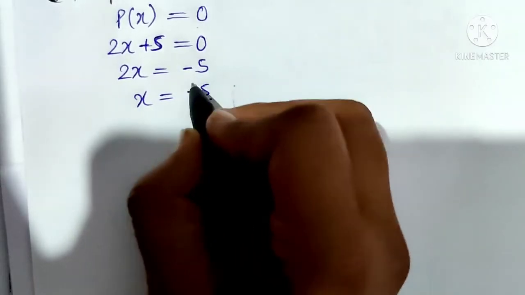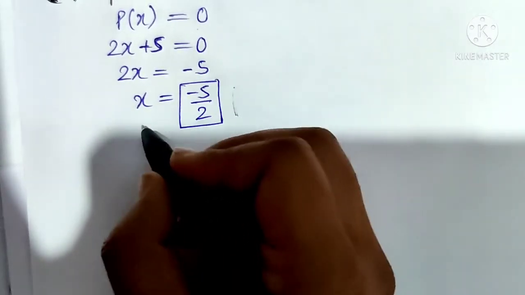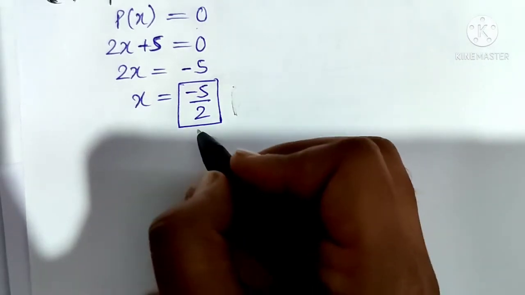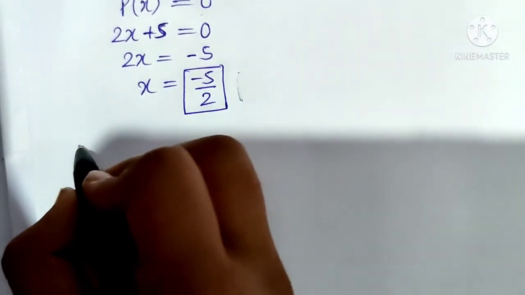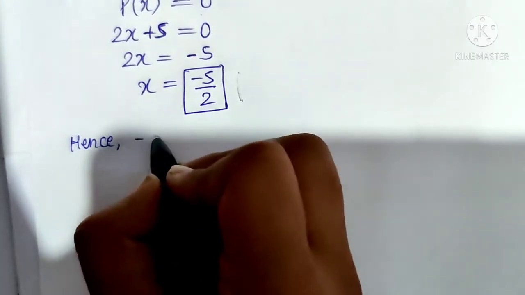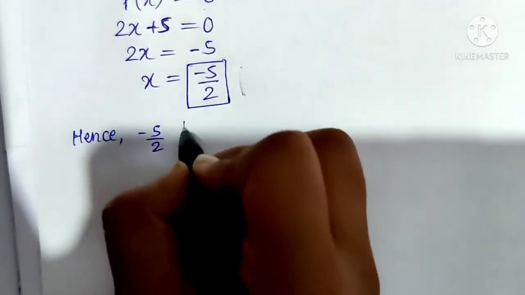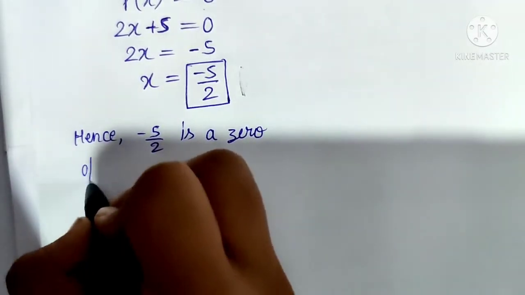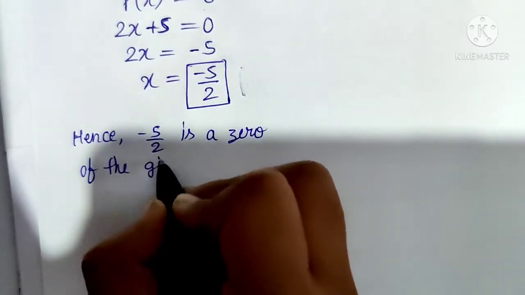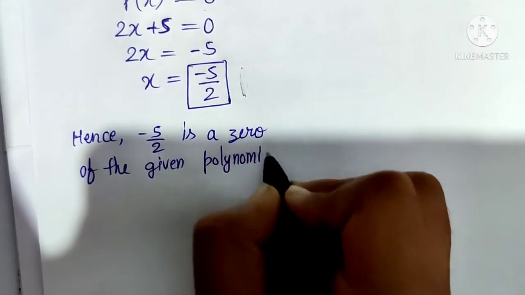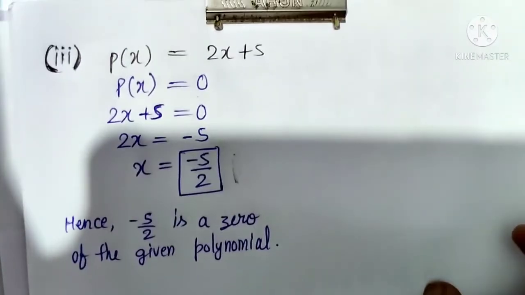Minus 5 upon 2. So we get the value of x as minus 5 upon 2, which means minus 5 upon 2 is the 0 of the polynomial. Hence, minus 5 upon 2 is a 0 of the given polynomial. So we have done our third part also.